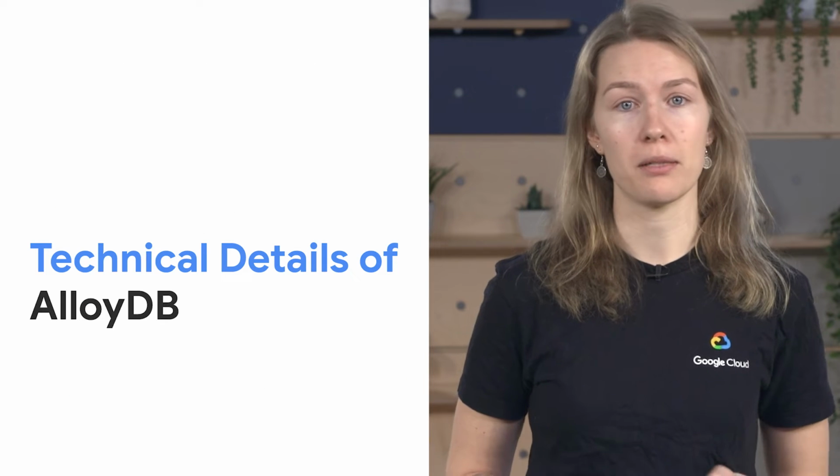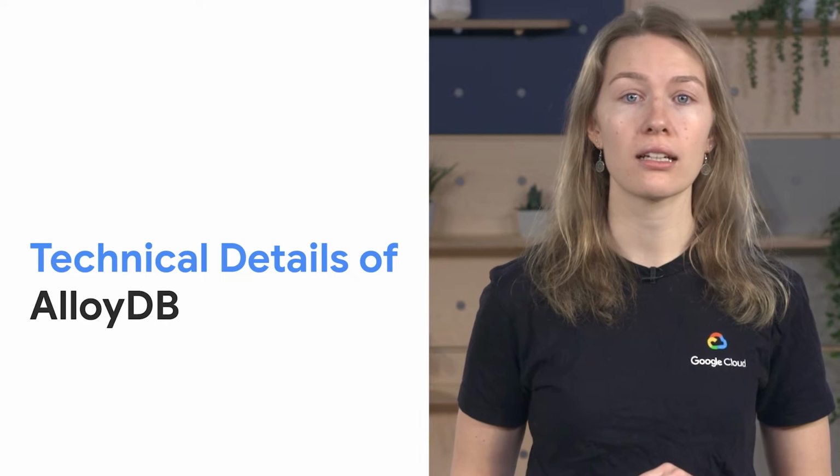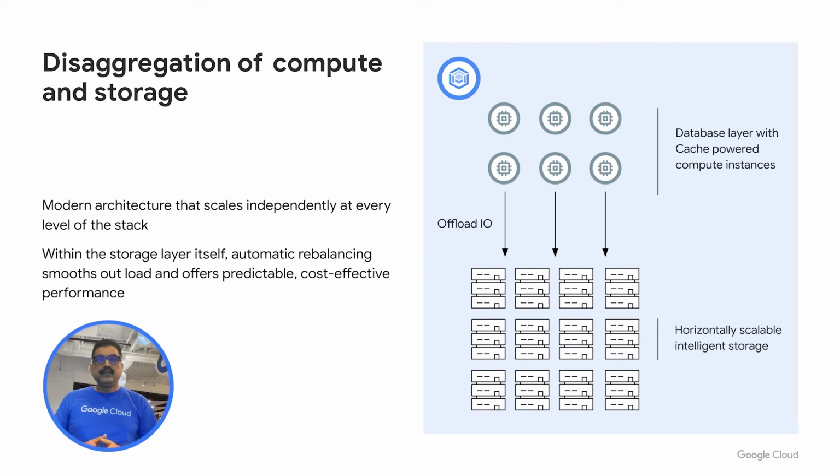Now, let's go a bit deeper and discuss the technical details of AlloyDB, which makes it a unique cloud-native database. Most customers today run databases on general-purpose storage that is not specifically designed for PostgreSQL and therefore not optimized for its performance. With AlloyDB, you get a storage which is optimized to run database workloads.